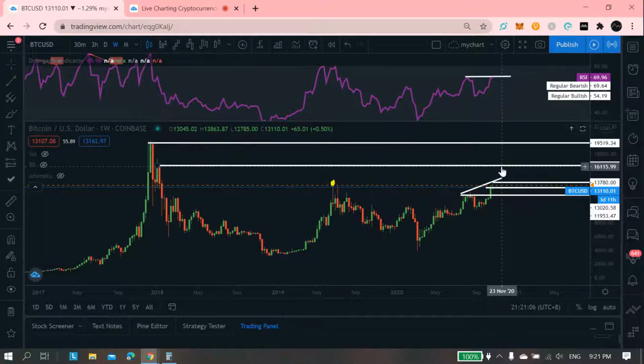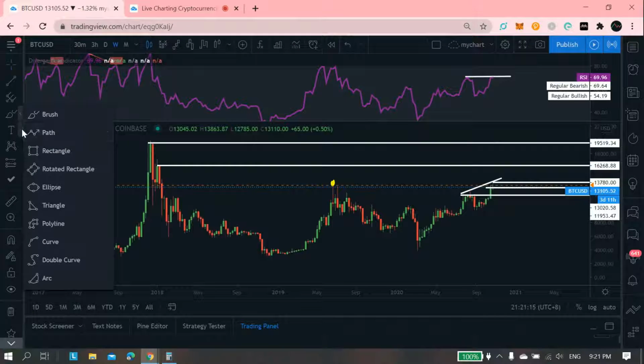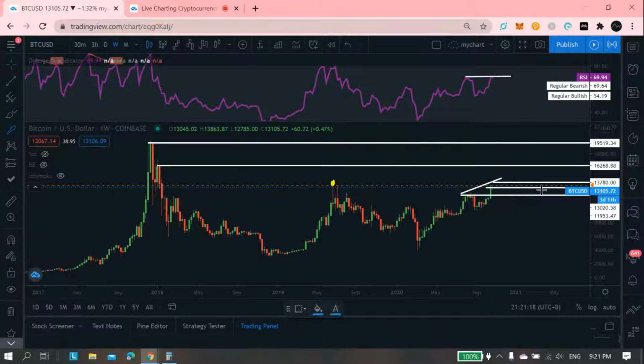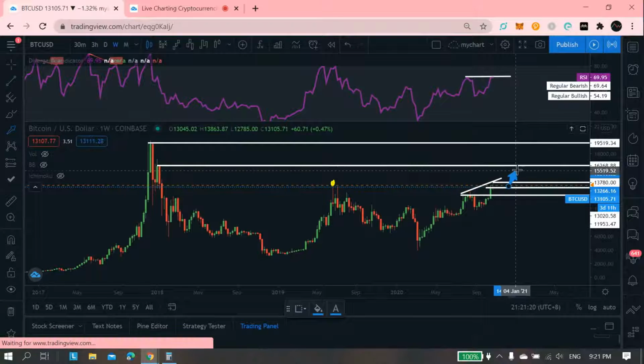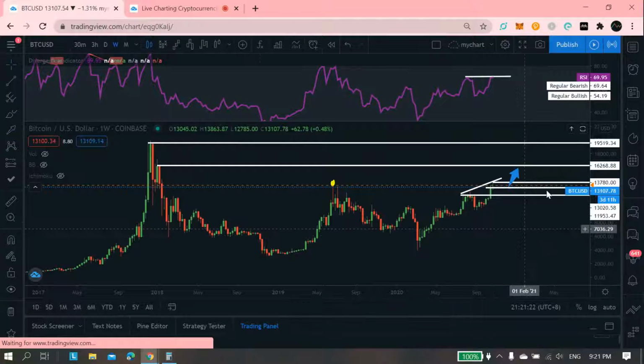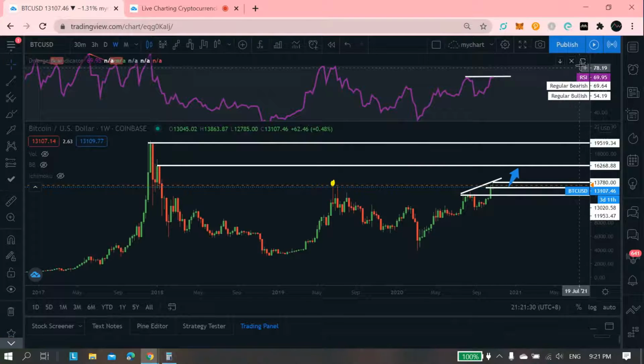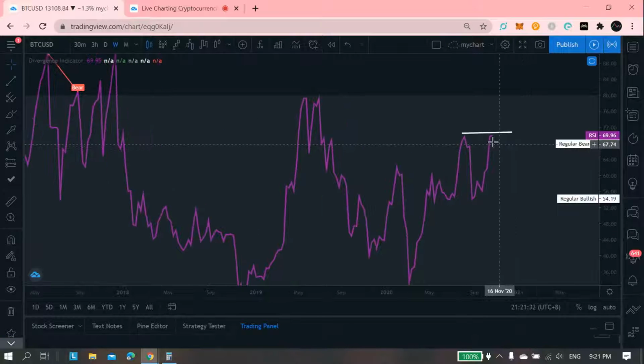So that's why I'm expecting that it could possibly retest the 16,200 area, if it breaks this area. Currently it seems like flat for me. Actually it's going up, but I don't know where it is going right now.